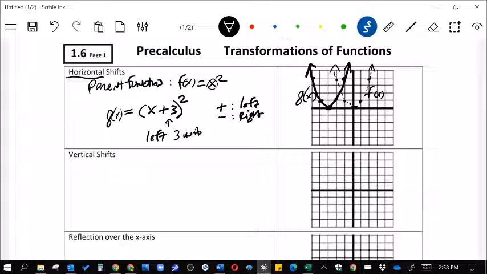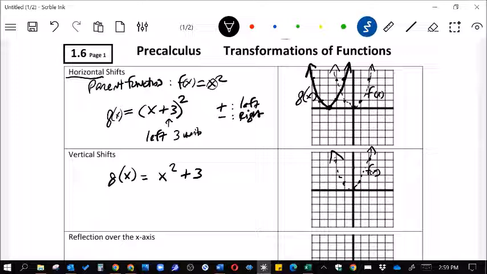Now let's take a look at the same thing with a vertical shift. Okay, so this is f of x, and g of x is going to be x squared plus 3. Now the 3 is on the outside of it, and what that means is that it will go up 3, or it could go down 3.